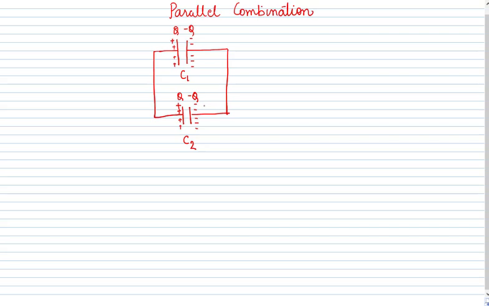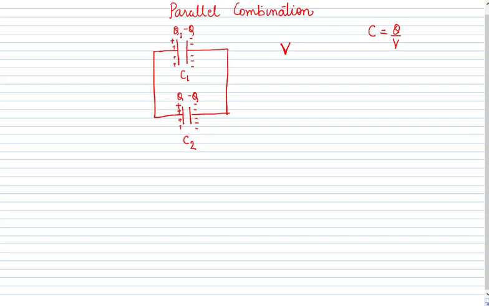Whenever these two are in parallel, the potential difference applied across both of the capacitors is the same. So whenever we have a parallel combination, the value of V will be the same across these two capacitors. Just remember the magic formula, C is equal to Q upon V. Since V is the same, we can take the charge as different.